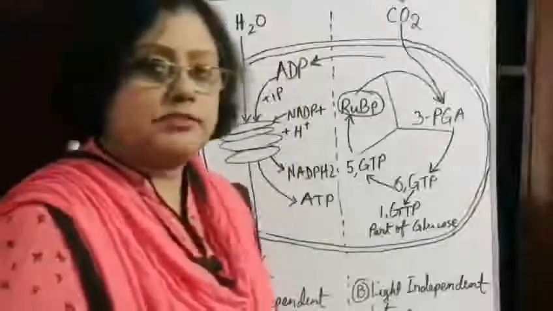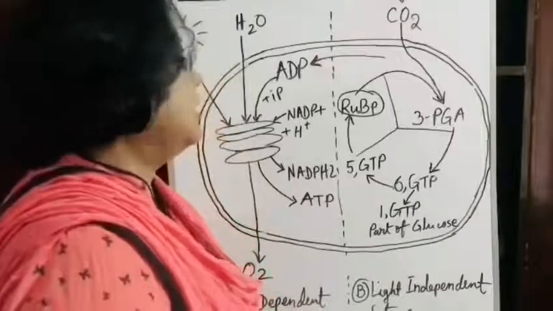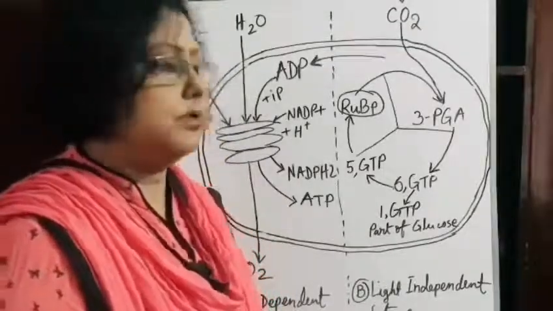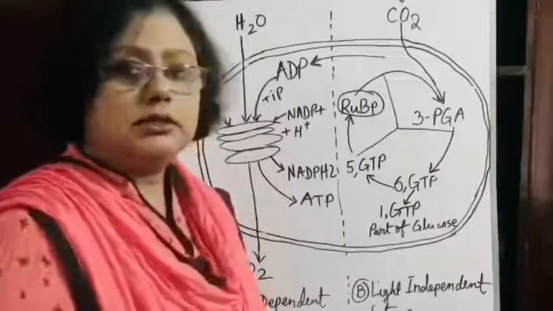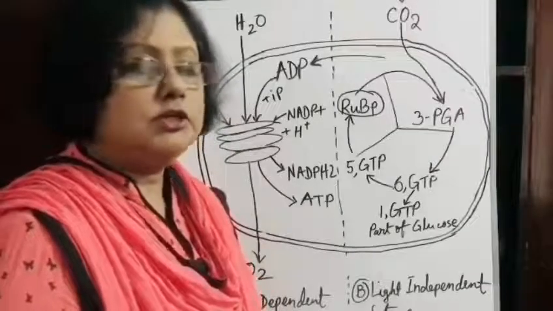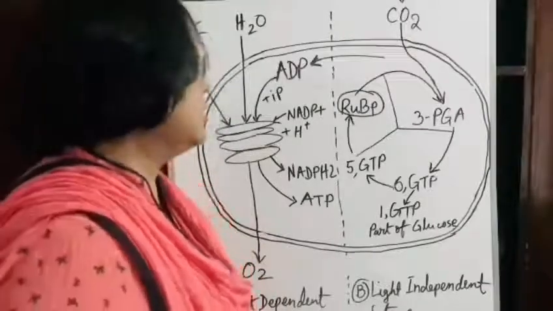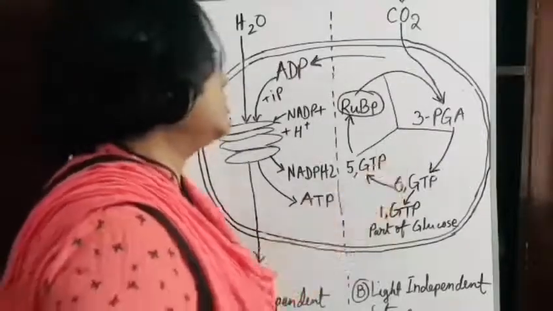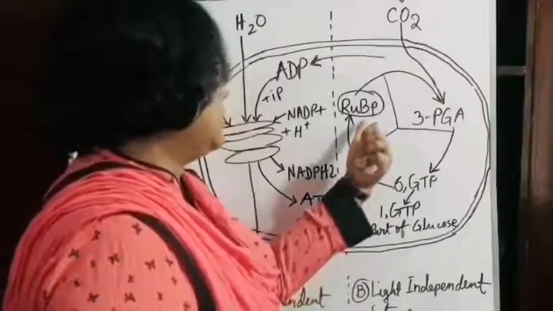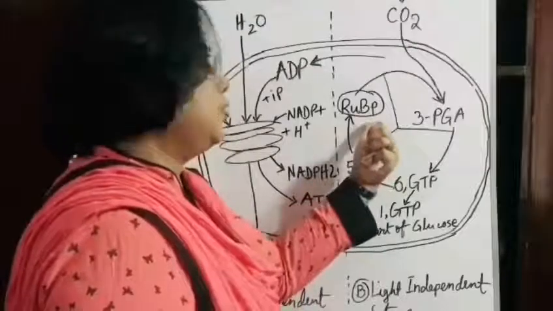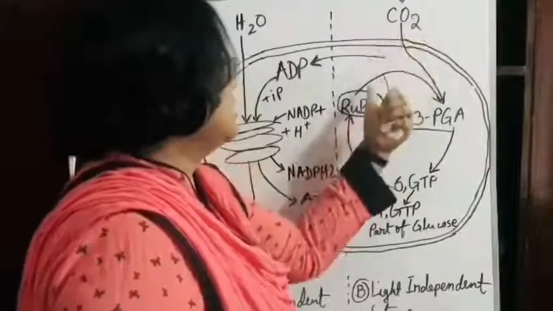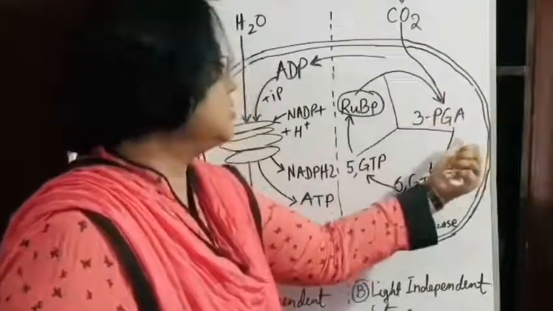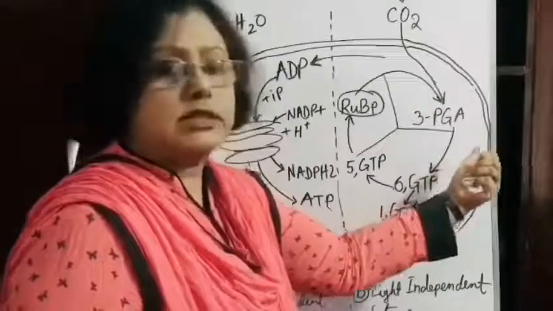Let's discuss the light independent stage. The light independent stage occurs in the stroma of the chloroplast. What is happening there? Carbon dioxide from the atmosphere enters the leaves through the stomata and reaches the chloroplast, and there the chloroplast already has a compound called RUBP. This carbon dioxide combines with RUBP and produces the first stable compound, called phosphoglyceric acid.